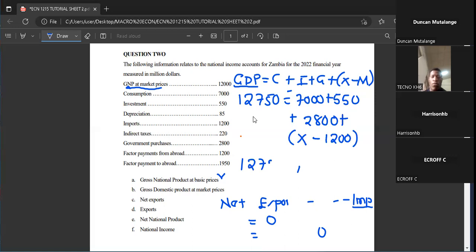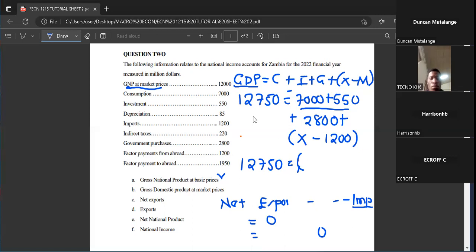So now we can have 12,750 on one side, and then we can get all these values. You can just add up all these: 7,000 plus this minus this. Just punch these figures on your calculator. So 7,000 plus.